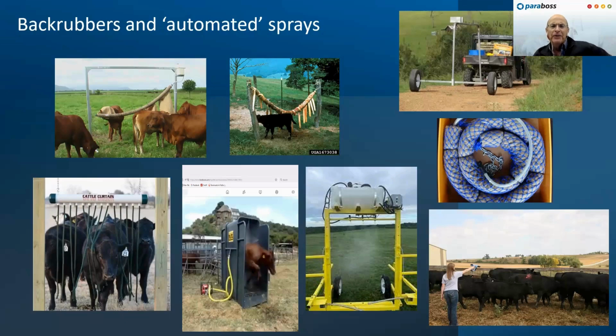The other one I'm just putting up more for novelty use. This is registered in the US, and interestingly enough, it was originally developed by a guy in Queensland, but then it went to the States. And this is functionally a paintball gun shooting little paintballs of insecticide onto the backs of cattle.